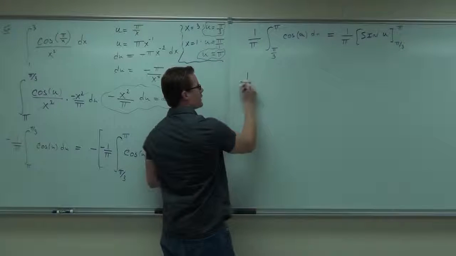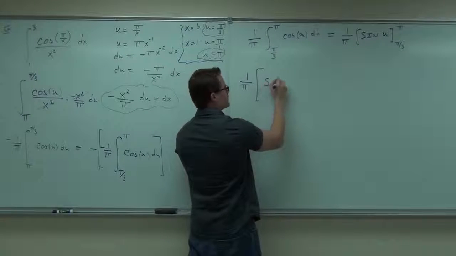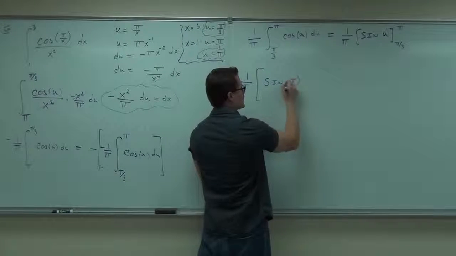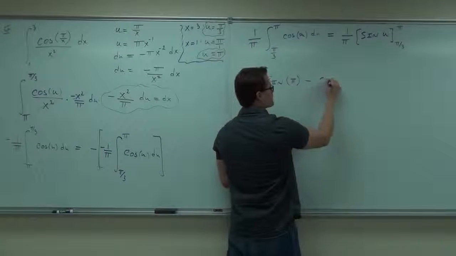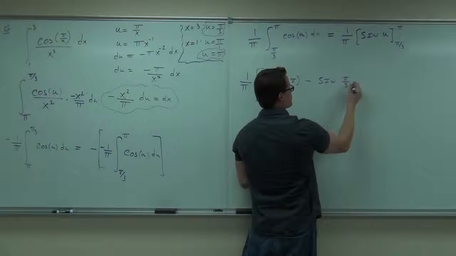So we'll do 1 over pi out front. Inside we'll have sine pi minus sine pi over 3.